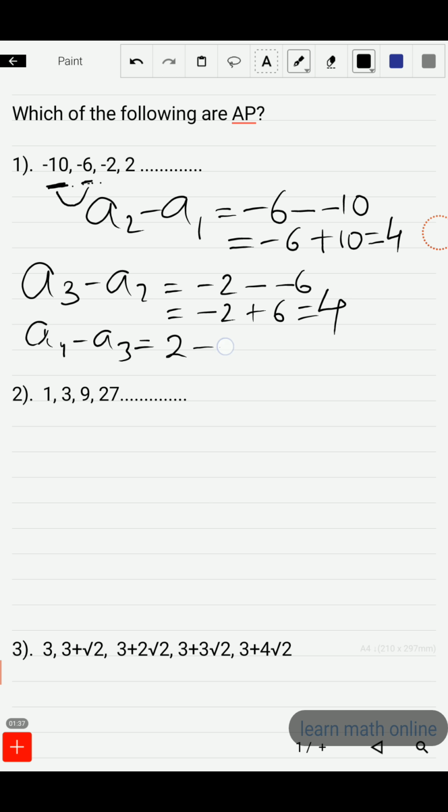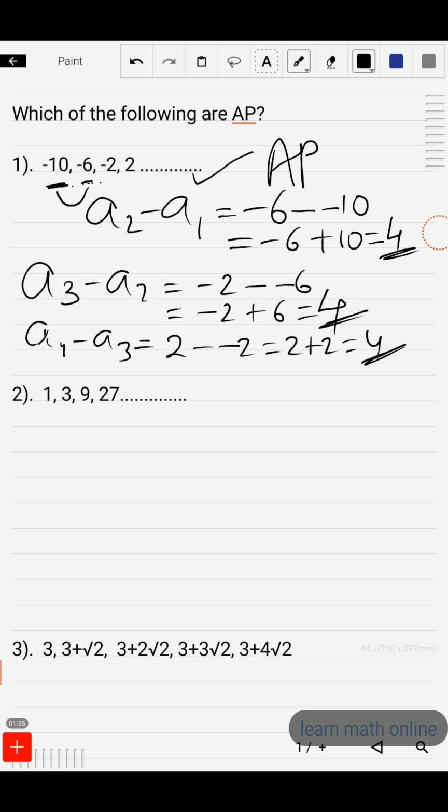It is 2 minus minus 2, so this will give us 2 plus 2, which is 4. Now the common difference is the same, that is 4. So is this series in AP? Yes, this is in AP.